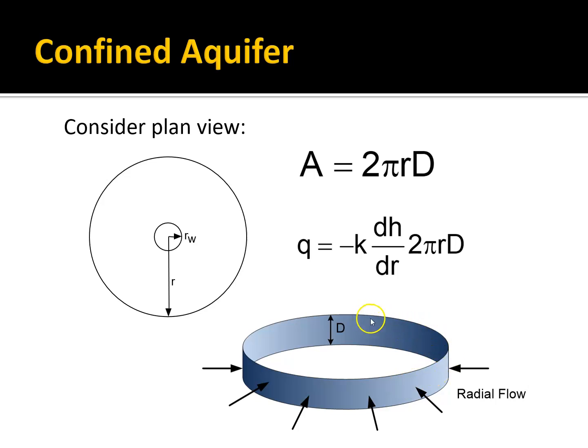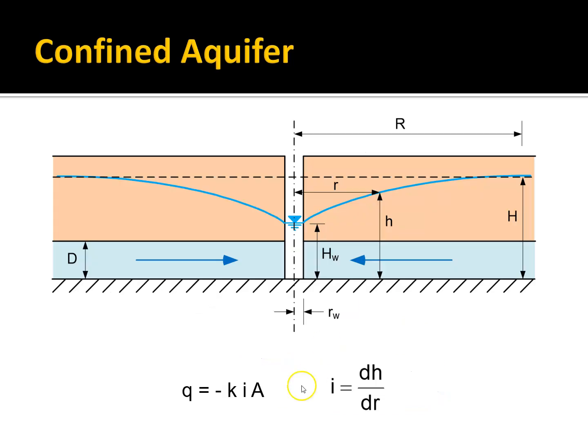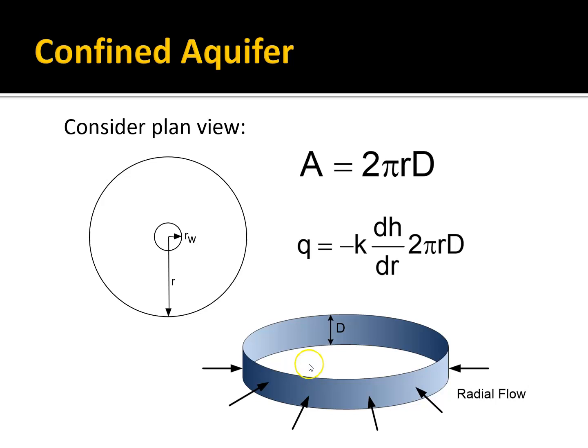So if we can calculate the area of this, we will have the area term we need for Darcy's law. And the area is pretty easy, actually. If we can get the circumference of this band and multiply by the height, d, the thickness of the aquifer, we have it. Well, the circumference is 2 pi r.